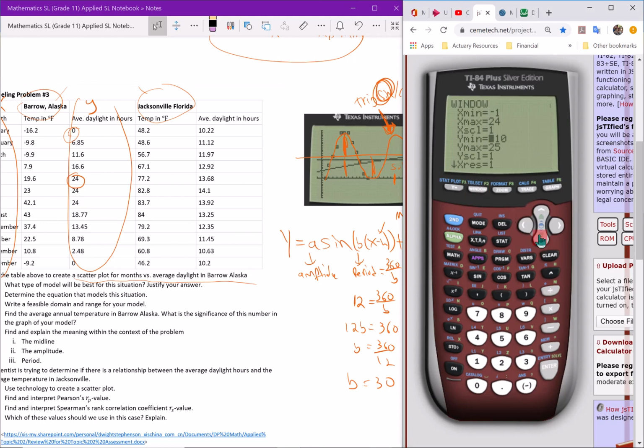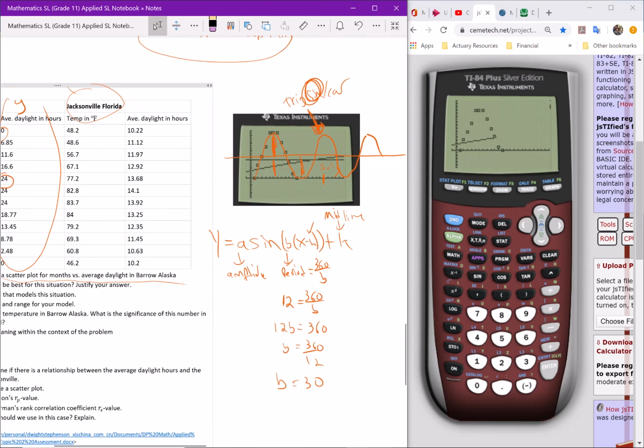I said 25, so I did have it covered. That's pretty close to 30, but not quite 30. So my amplitude should be somewhere between 30 and 24. Let's average those out, and let's say 27. So let's say our amplitude is going to be 27.